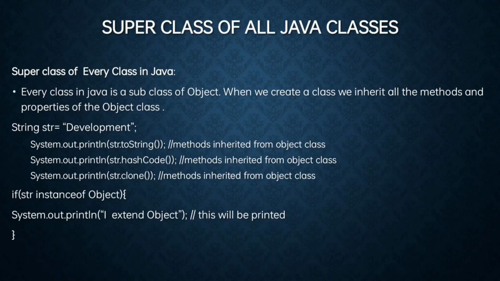Also toString, hashCode and clone. All these methods are inherited from the Object class. Now if we check a condition, if str instanceof Object, it will print I extend Object. So now it is clear that the superclass of all the classes in Java is Object.